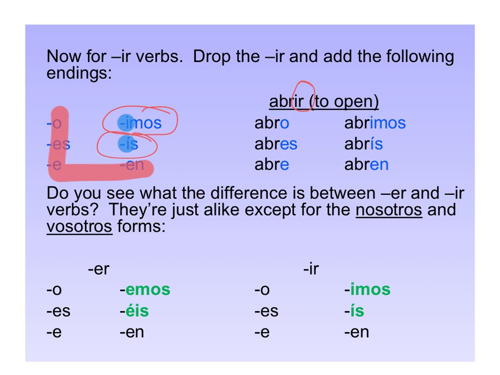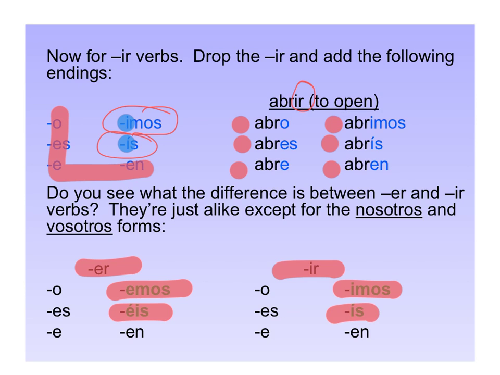So here we go. The verb abrir, to open. Abro, abres, abre, abrimos, abrís, abren. And then if we compare ER and IR, only nosotros and vosotros are different. The rest, which I'll highlight in blue, are the same.